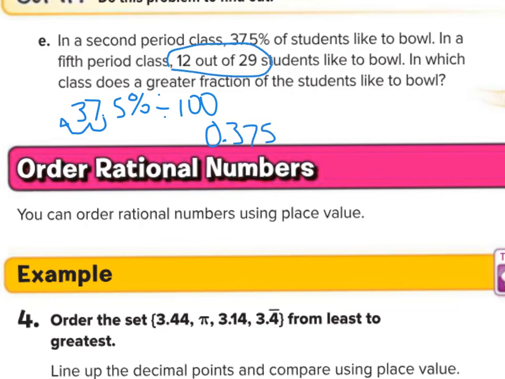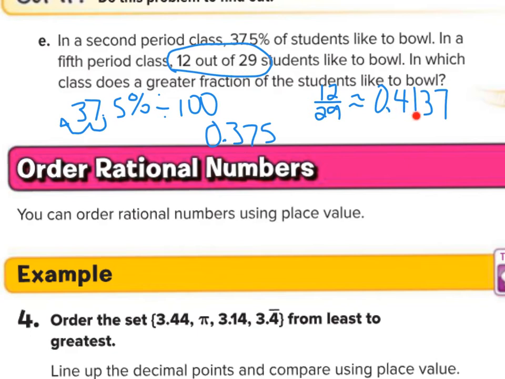And for 12 out of 29, we have to divide the 12 on the top by the 29, which would be approximately, and I say approximately because I'm not going to write down all the decimal places, it's too many, 0.4137. So it's about 0.41, right?